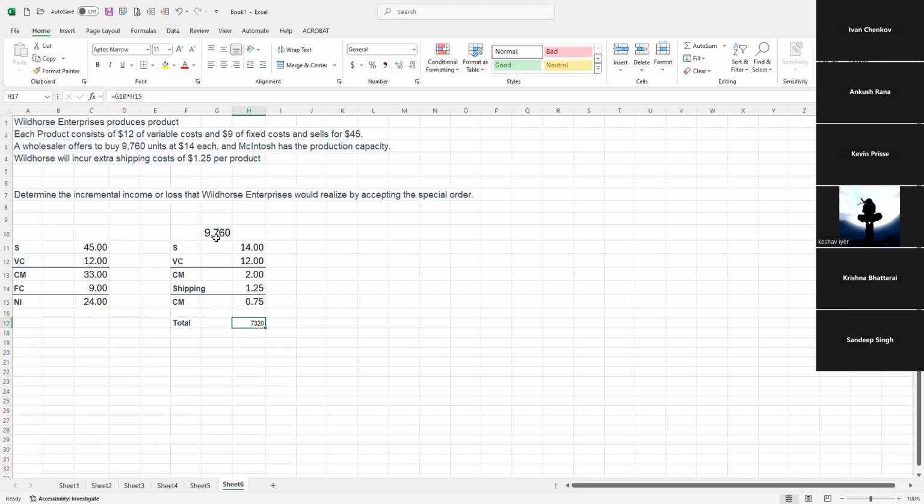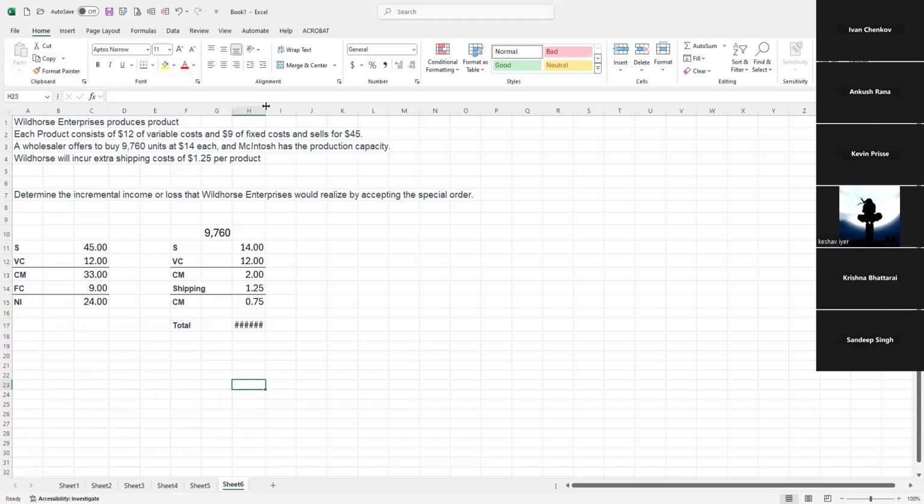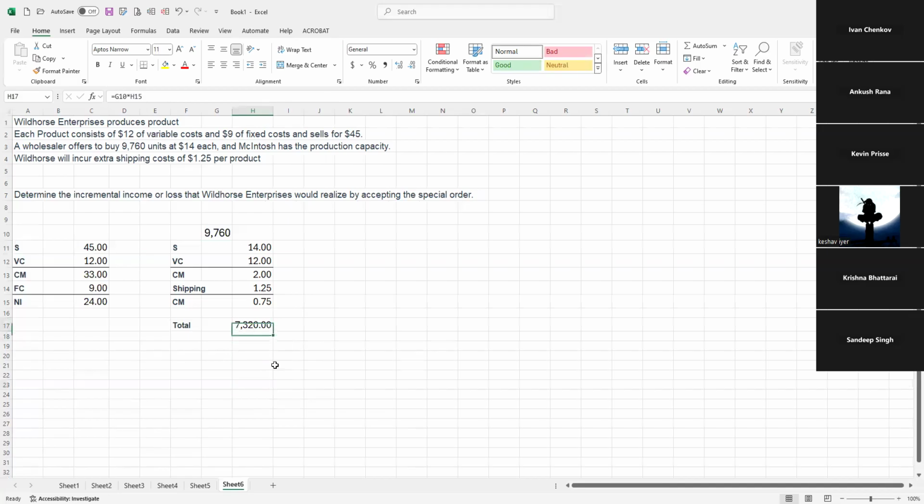So what's going to happen with my income? What will be my income? 7,320. Higher, correct? Now the question is, do you want $7,320? It's up to you.